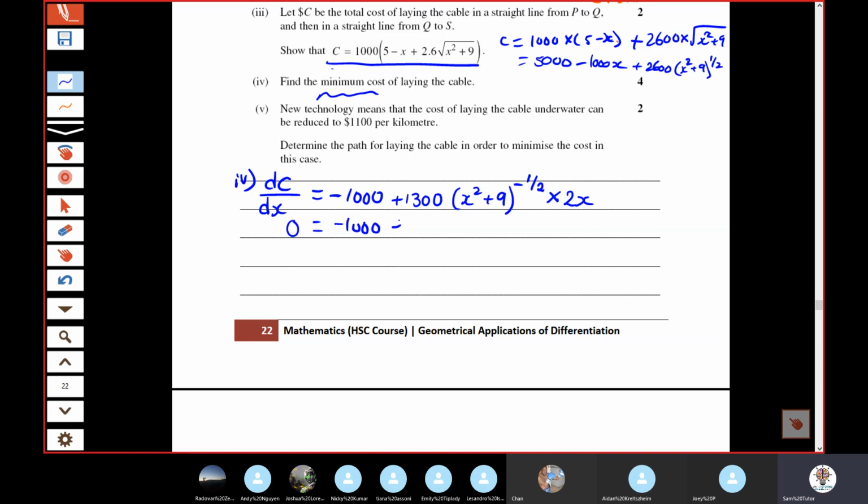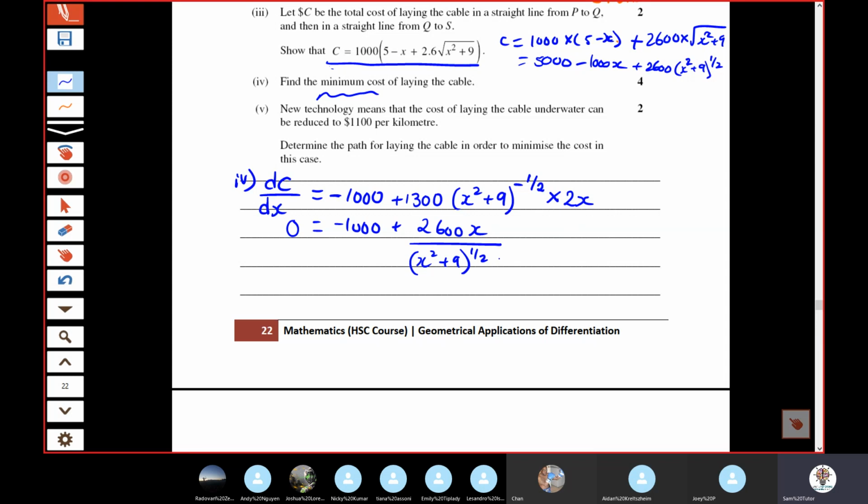Negative 1,000 plus 1,300 times 2x is 2,600x on x squared plus 9 to the power of a half. I can see how this was the 9,900. All right, let's go. You've got to start thinking like this, you guys. It will really help you with your other topics.